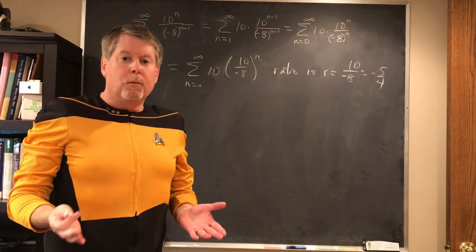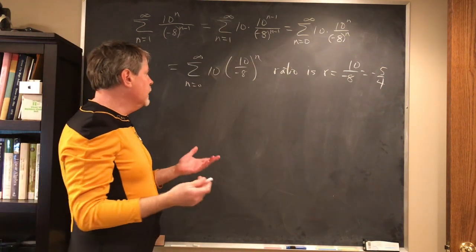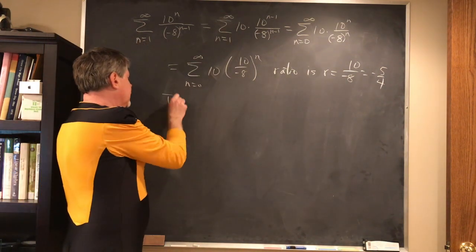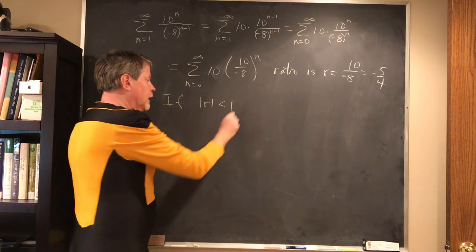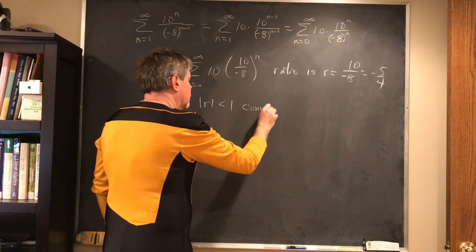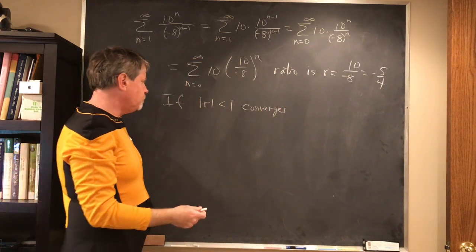And then we can use what we know from geometric series and convergence. We know that a geometric series, if the absolute value of the ratio is smaller than 1, converges. Otherwise, it's going to diverge.